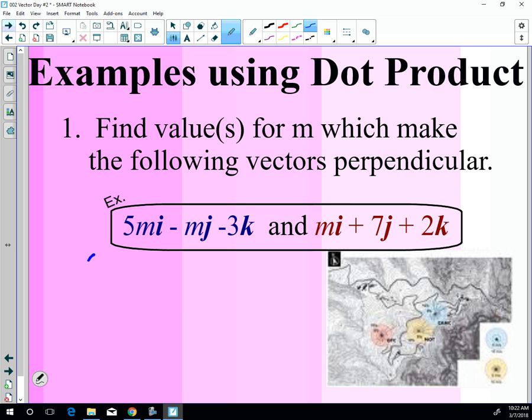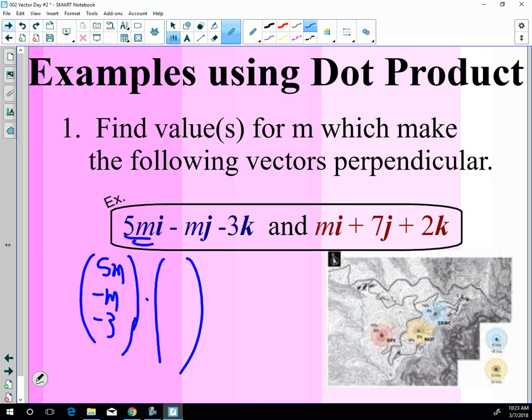Okay, and last thing, finding values for m which make the vectors perpendicular. If we took 5m coefficient, negative m coefficient, negative 3, and dot product it with the IJK coefficients of this vector, m, 7 and 2.